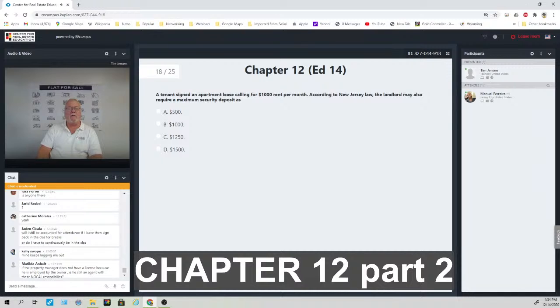According to New Jersey law, the landlord may also require a maximum security deposit of... 88% of you got it correct.